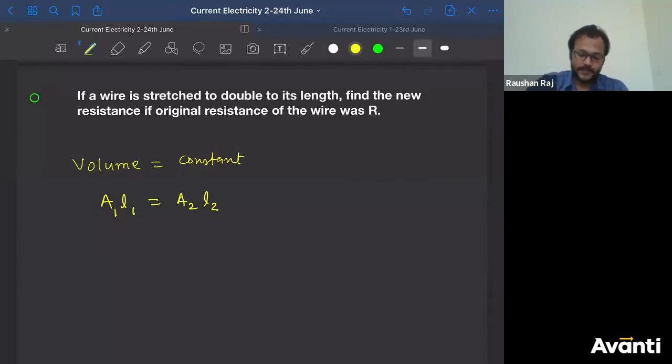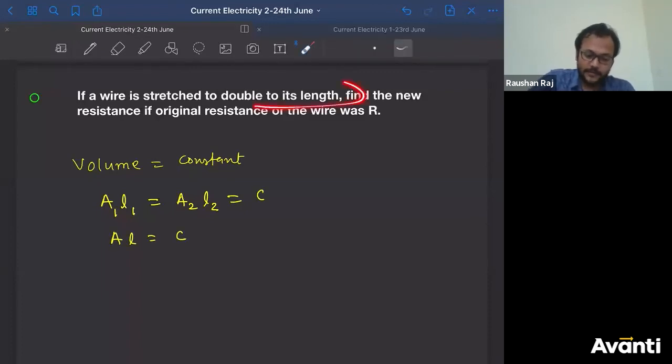All right guys, or you can write this as, ऐसे लिखता हूं, no problem. So from this part I can say A2 will be equal to, or this will be constant K or C. So A into L is C. If length will be doubled, tell me what will happen to area.